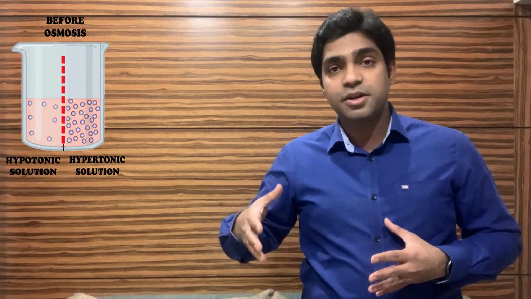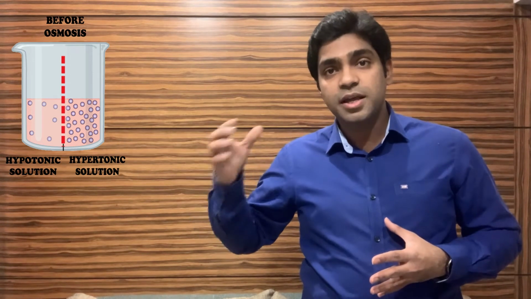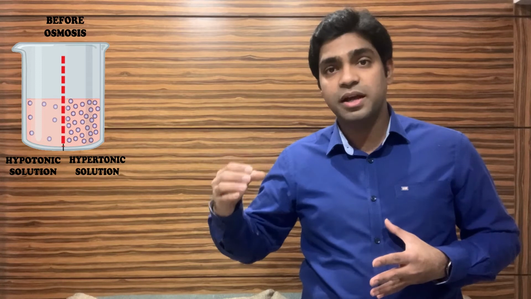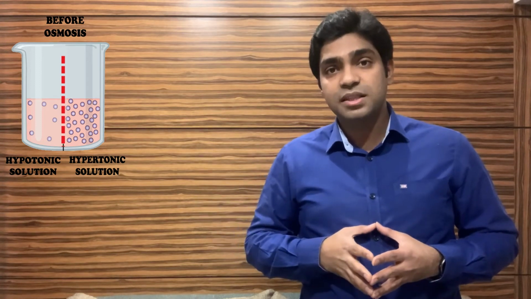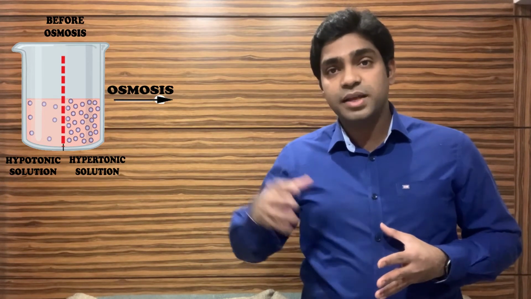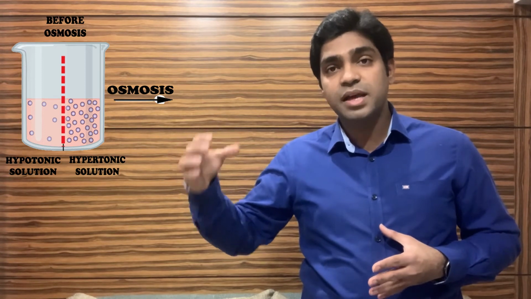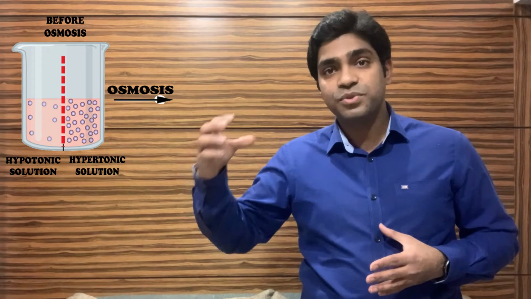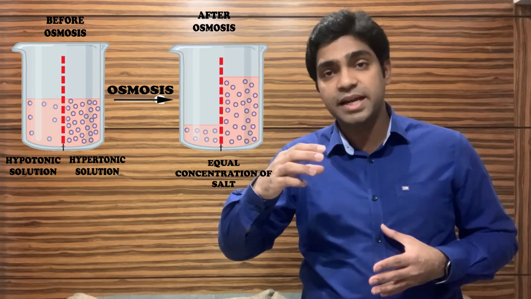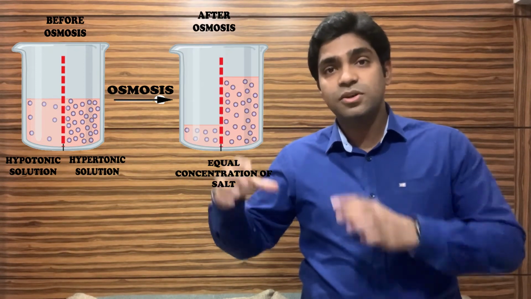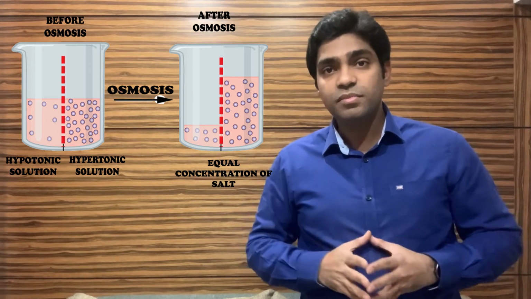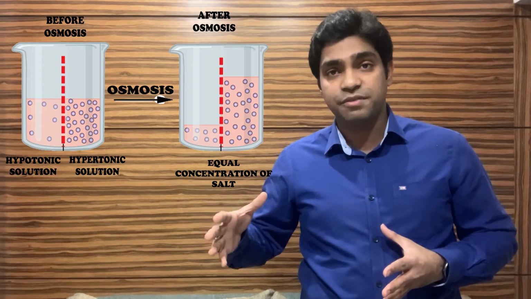And on the other side, you have a less concentrated solution of water, meaning less salt, a hypotonic solution. In that case, water travels from the hypotonic or less concentrated solution side to the more concentrated solution side until the concentration on either side becomes equal. So this is the osmotic effect.